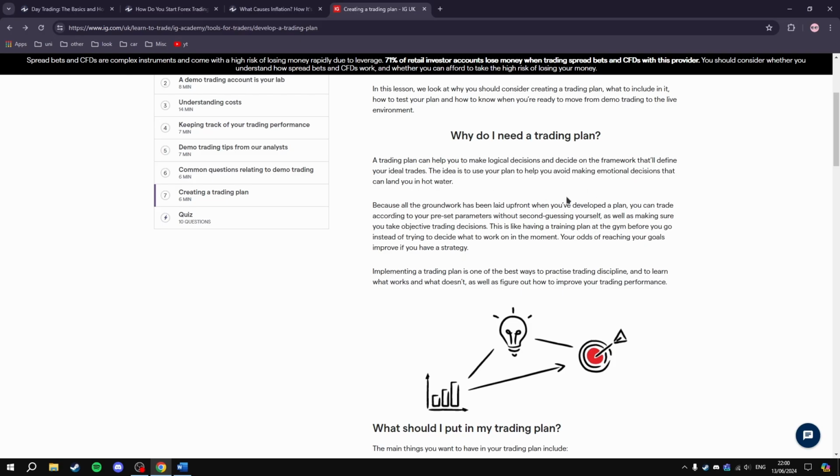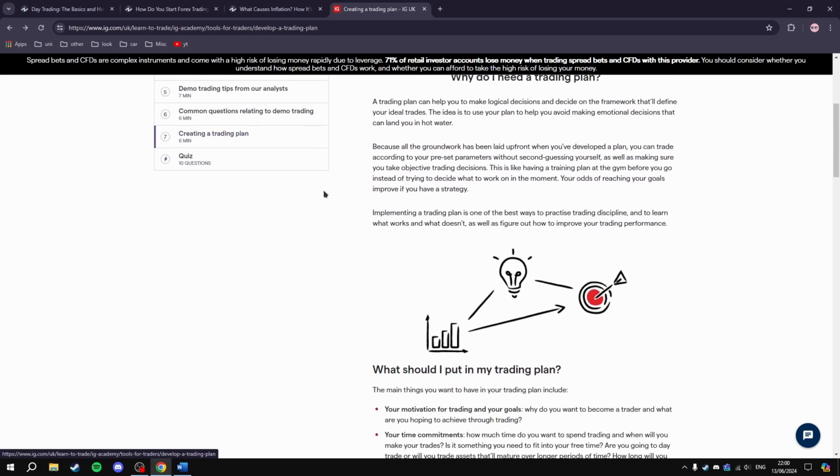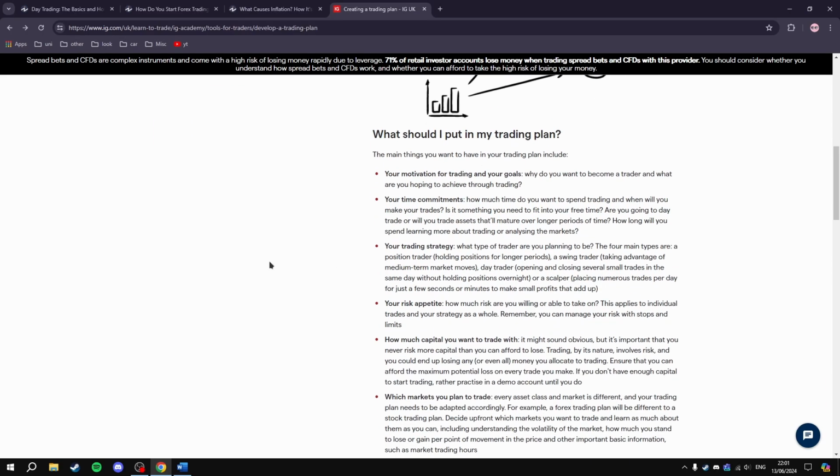A trading plan can help you make logical decisions and decide on the framework that will define your ideal trades. So the idea is to use your plan to help you avoid making any emotional decisions that can mess up your trade. So implementing a trading plan is one of the best ways to practice trading discipline and to learn what works and what doesn't, as well as figure out how to improve your trading performance.